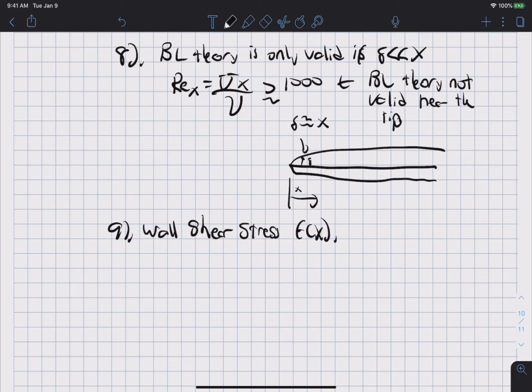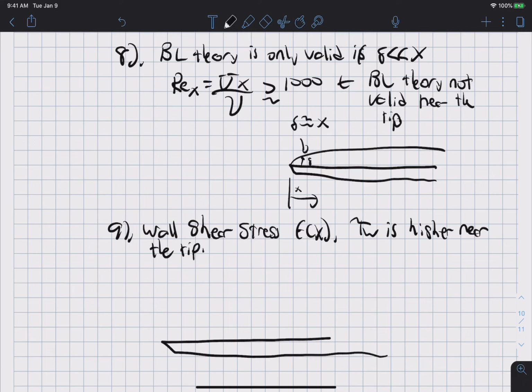And it turns out that tau wall is higher near the tip. Okay, and the reason being, you can think of this heuristically: I have a flat plate here and I have a boundary layer.